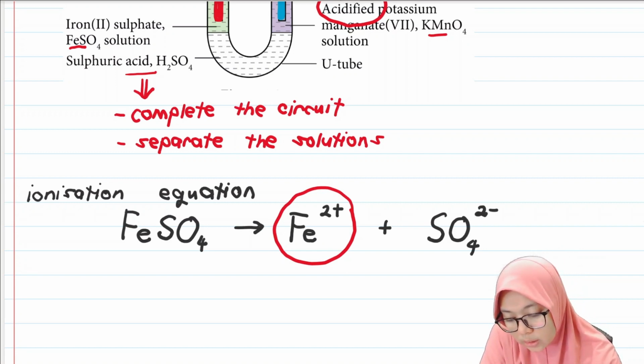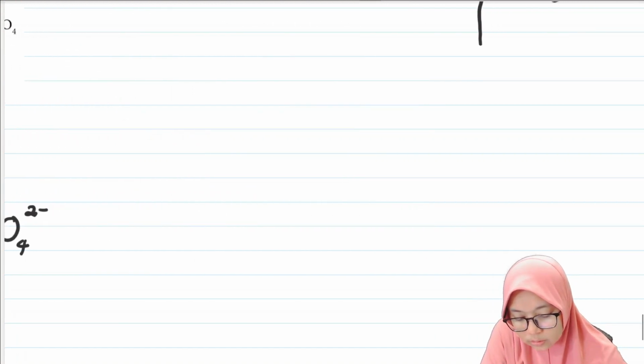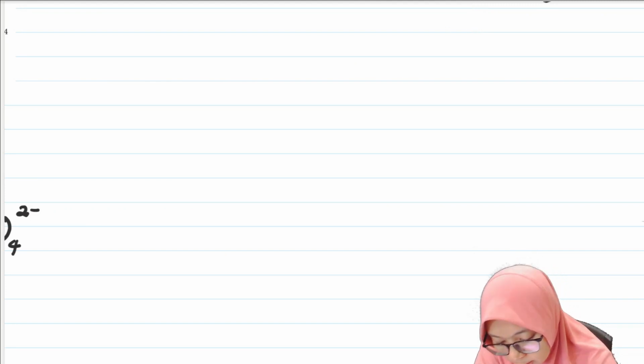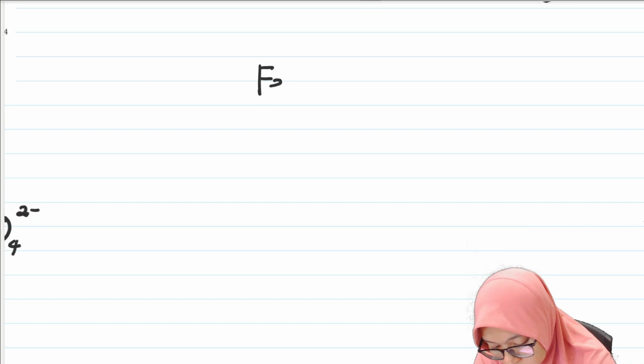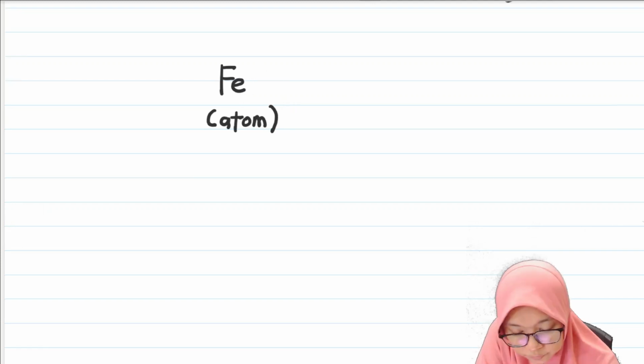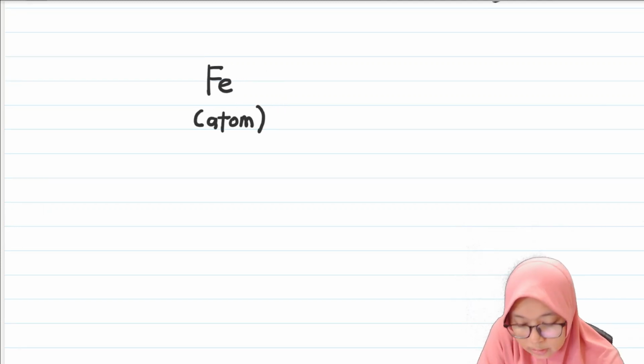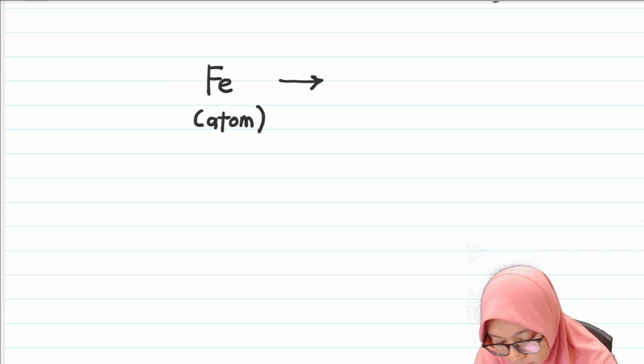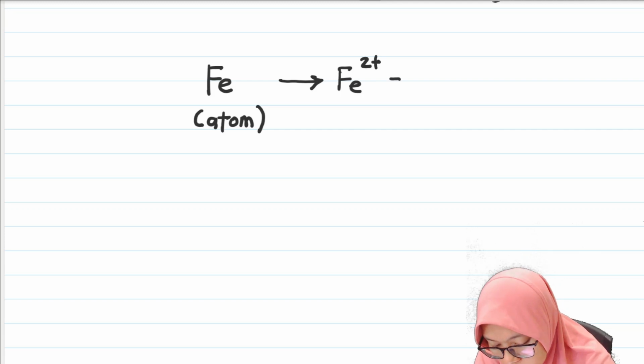Okay, why does it undergo oxidation reaction? As you all know, iron is a metal. So iron exists as atom, in normal conditions at room temperature, iron is an atom. Okay, when iron changes to iron 2 plus, it will release 2 electrons.